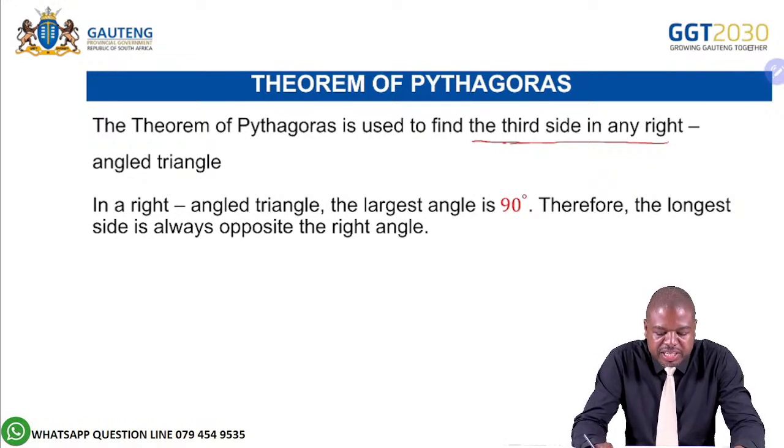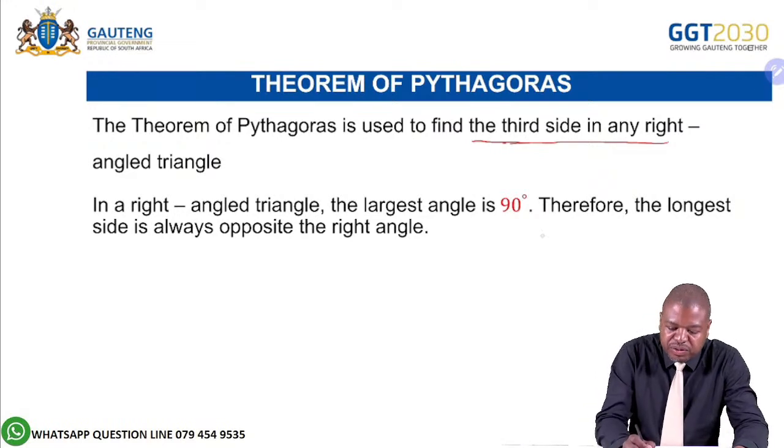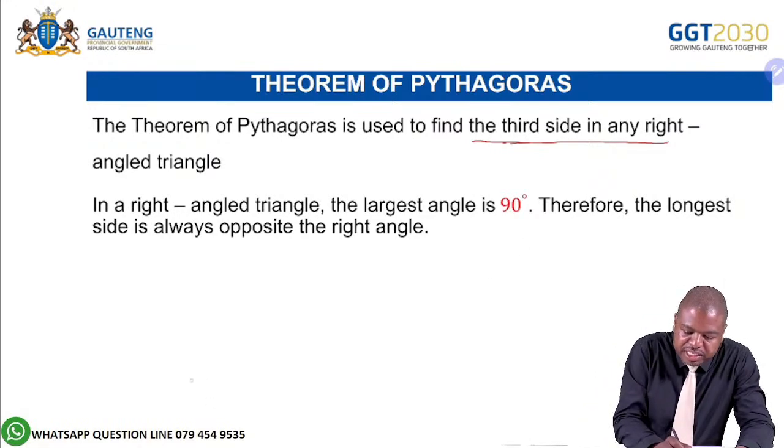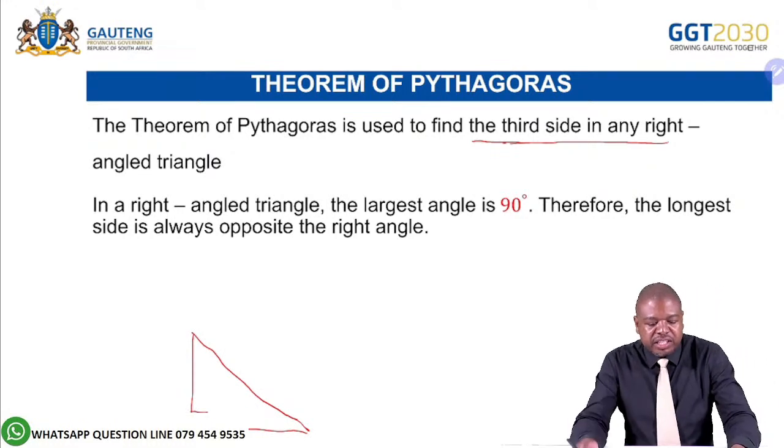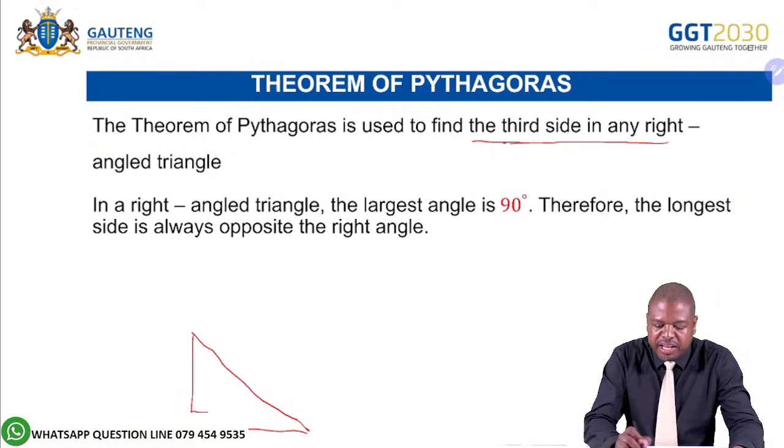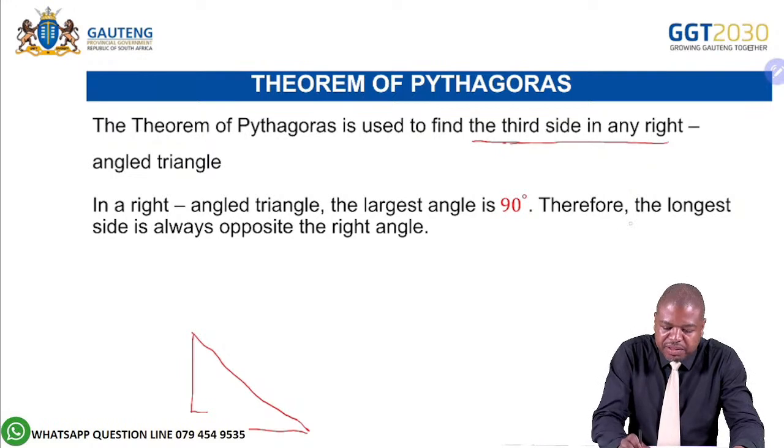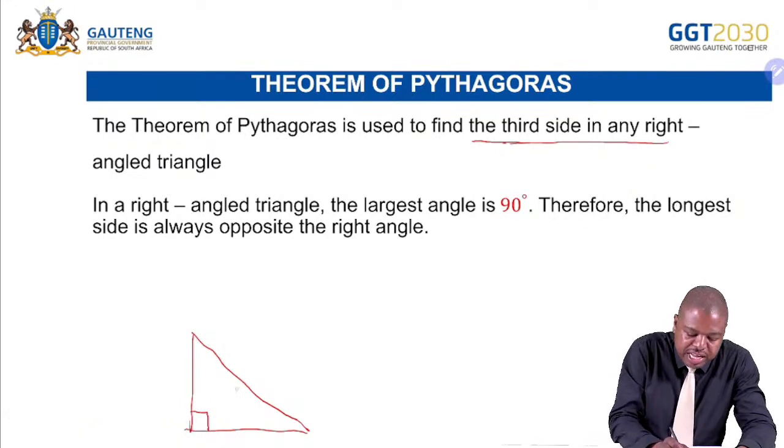And in a right angle triangle, the largest angle, which is equal to 90 degrees, is always opposite the largest side, and we call that side what?